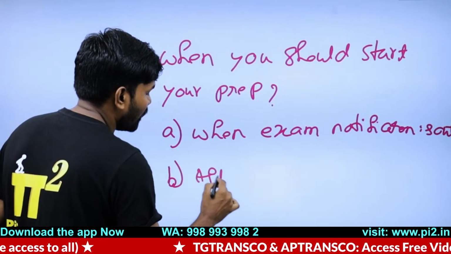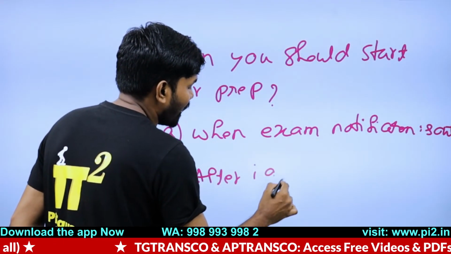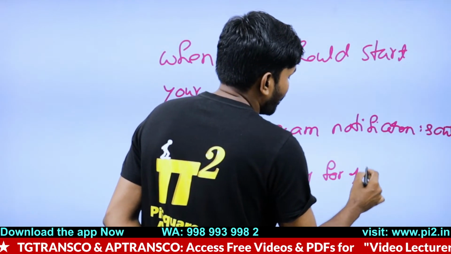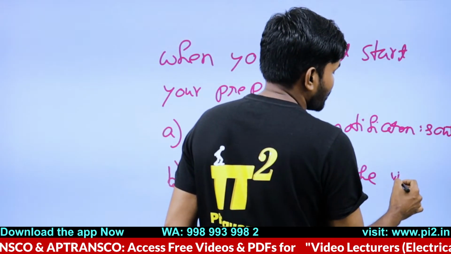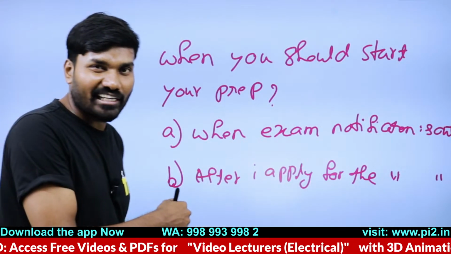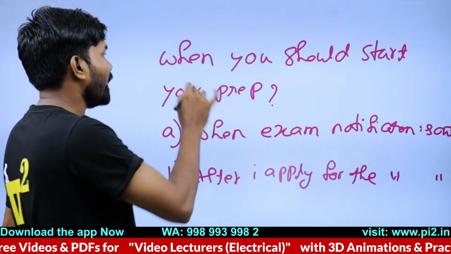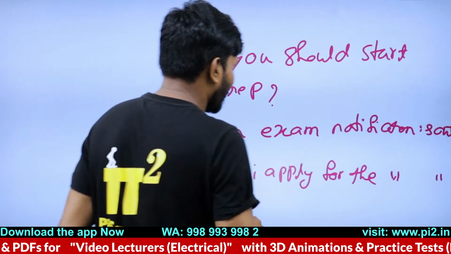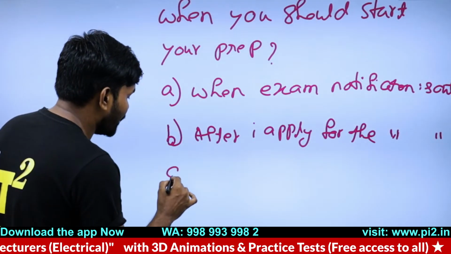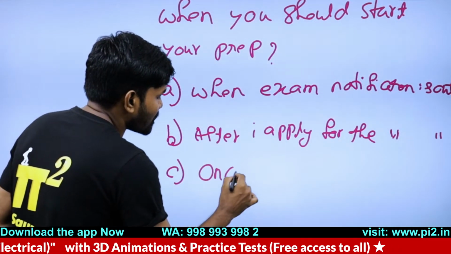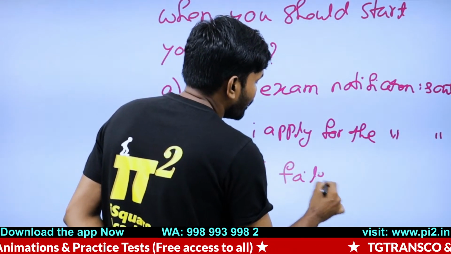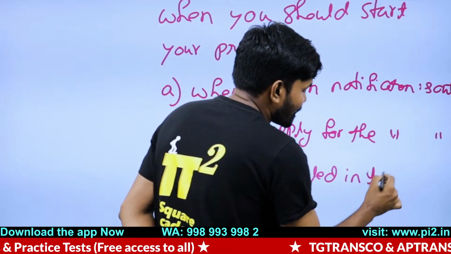Option B, after I apply for the notification which is released. Once the notification is out, then only you should start your preparation. Option C, once I fail in an attempted exam.